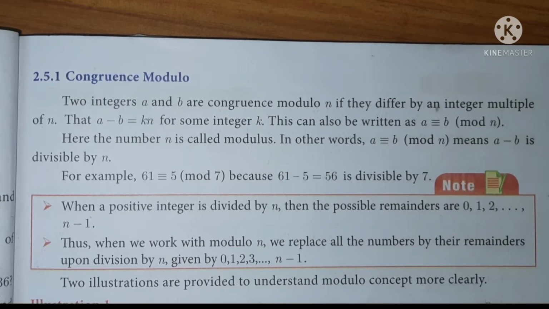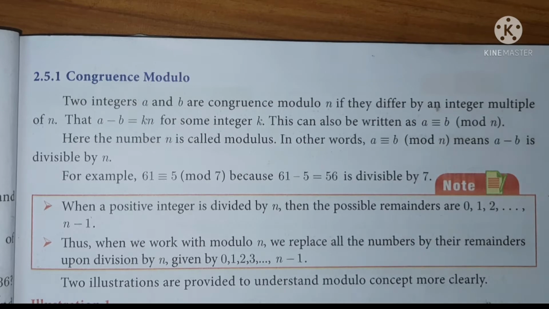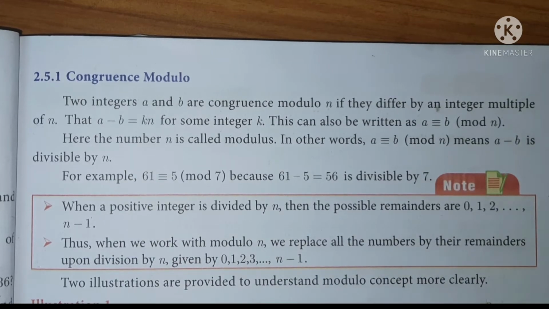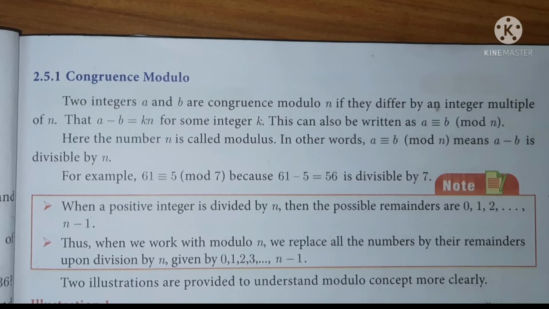Here a is a number; when that number is divided by n, we get the remainder b. So it is written as a congruent to b mod n. Here the number n is called the modulus. In other words, a congruent to b mod n means a minus b is divisible by n.